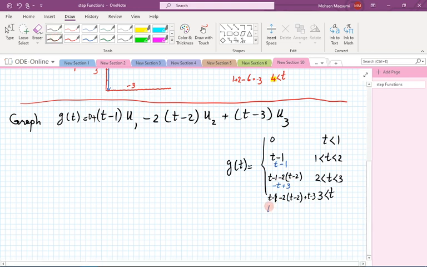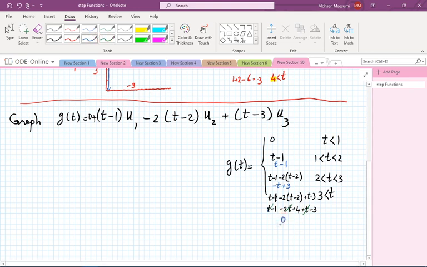Let's see, I have t minus 1, then minus 2t plus 4, and then t minus 3. Is that right? So what happens? Of course, what happened here, it looks like my t's cancel, and then it looks like everything actually cancels, and nothing is left, it's just 0.